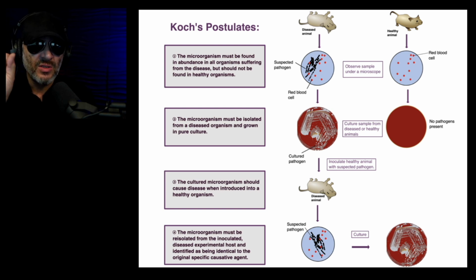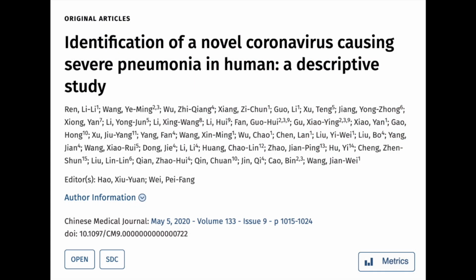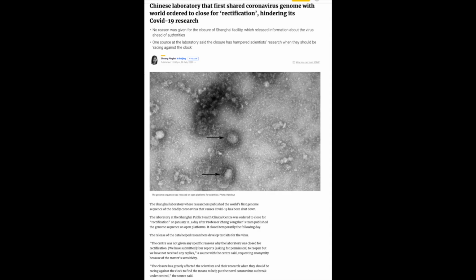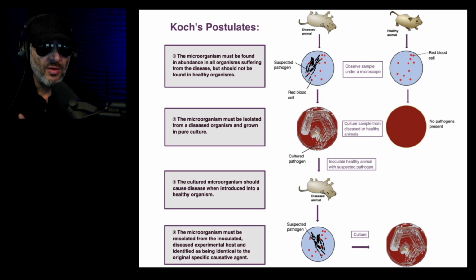Here's the gene sequence. It's on GenBank. There you go. And everybody said, wow, that's great. Thank you. Now we don't have to do all this culture work. Is that what happened? Now, if no one else has done this, what that means is that the sickness that people are suffering from is not necessarily SARS-CoV-2.